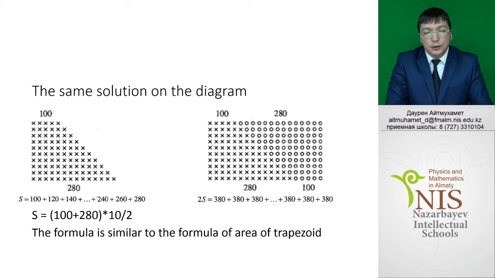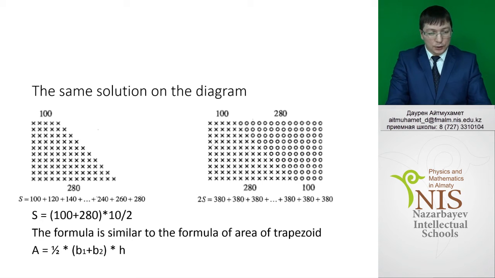You can notice that the formula is similar to the formula of the area of a trapezoid. You can see the trapezoid on the left side of the screen. Two bases of the trapezoid are 100 and 280, and the height of the trapezoid is 10 because it was 10 months. The formula of the area of a trapezoid, as you can remember, is as follows.